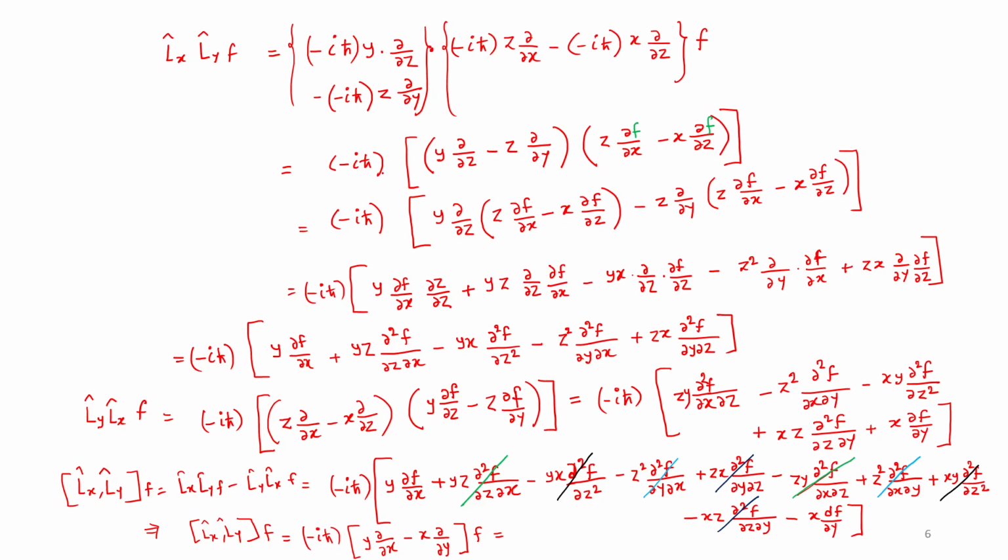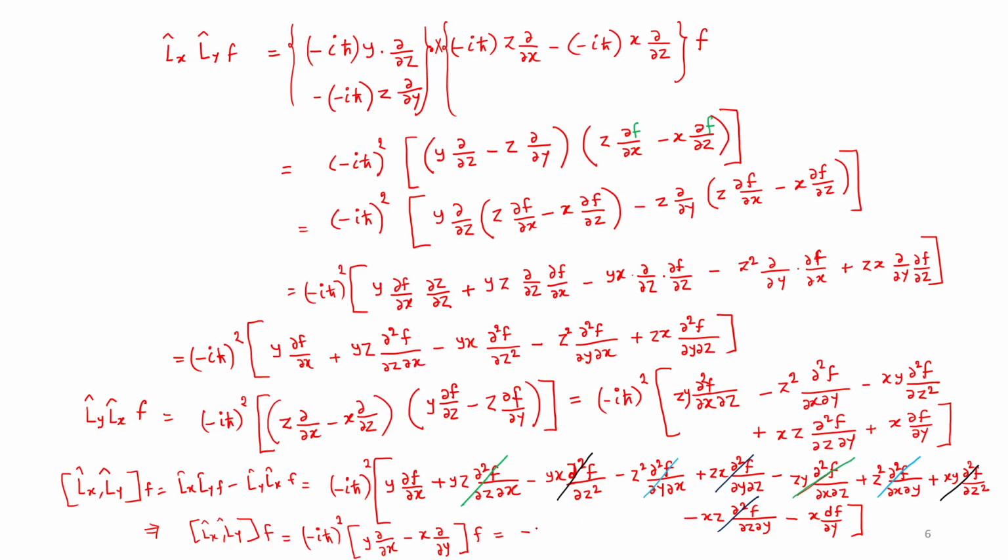Yes. See, one iħ is common from these two, and one iħ is common from there, but that is multiplicative, so I should have written (iħ) squared, and similarly for this also. I hope you understand why I did the square: one will be taken common from here and one from there, and that would get multiplied. So to keep it outside, it will stay like that. And here it is also squared.